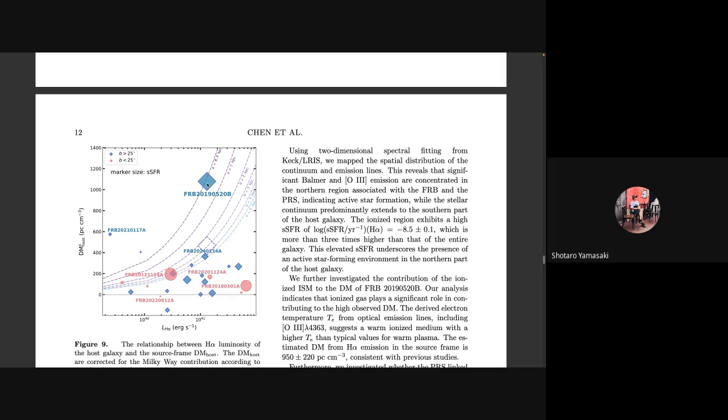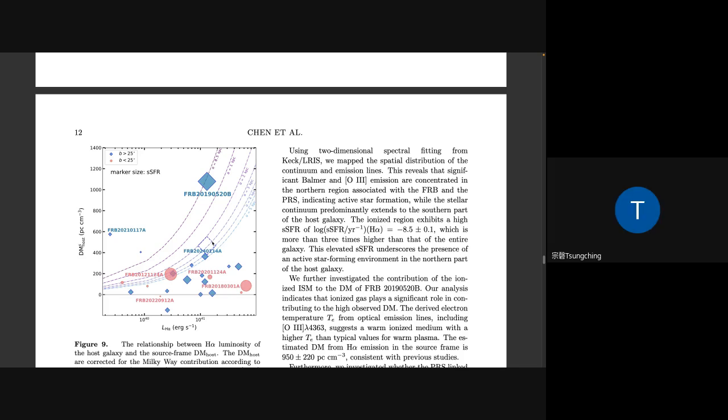My point is that we never know whether this DM host mostly comes from the warm ionized gas or from hot, maybe even hotter, gas in the persistent radio source region, right? So in general this is just an upper limit. For example, in the case of FRB 121102 with a similarly bright PRS, we know the rotation measure is huge and comes from the PRS region.